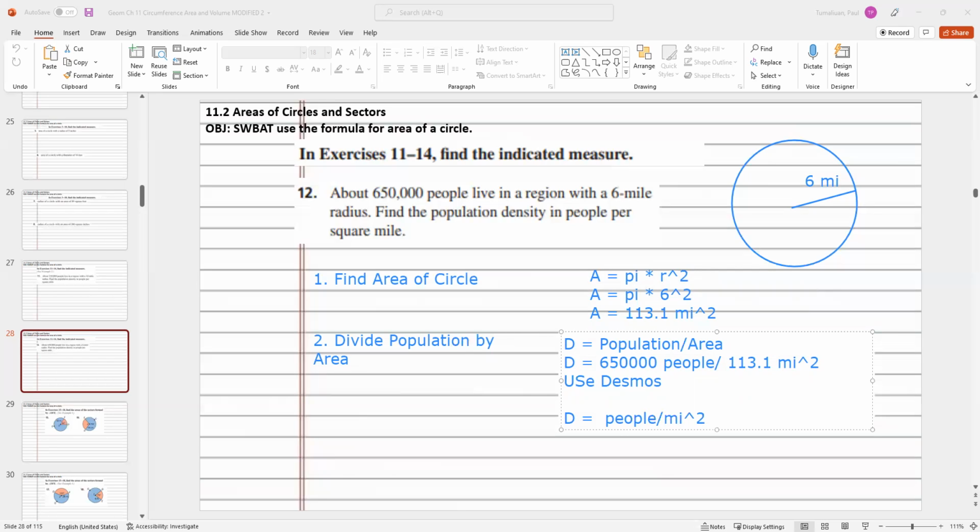I'm going to use the unrounded number, so 650,000 divided by 113.9097355, paste, and we get 5,747.3 people.